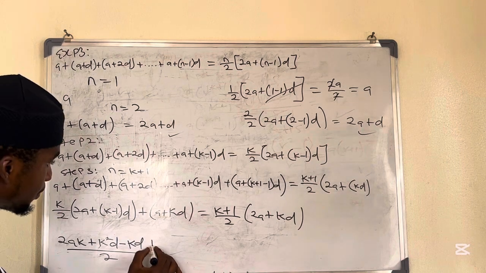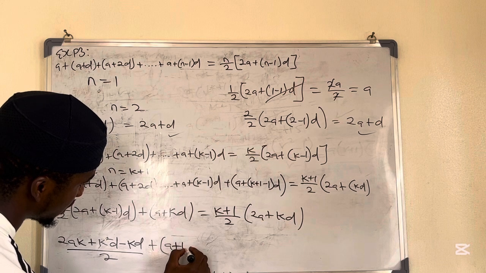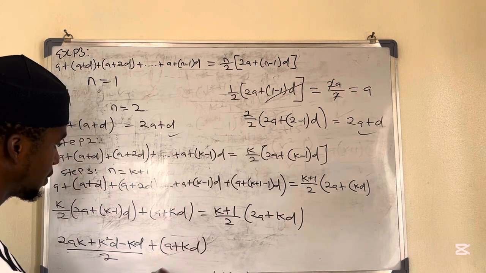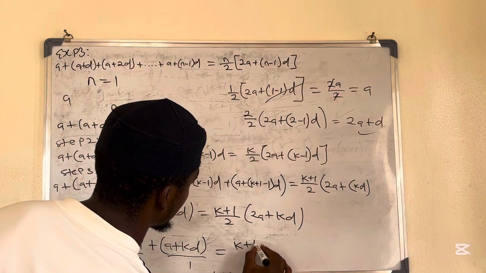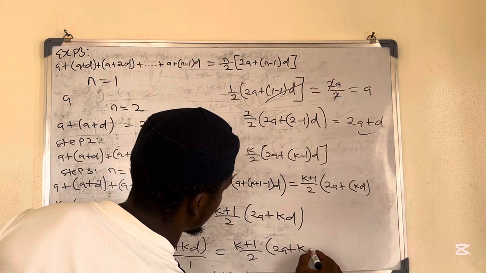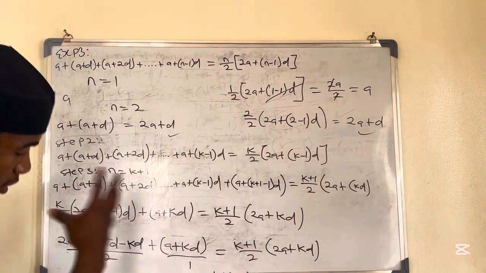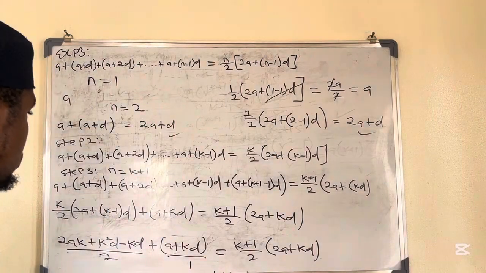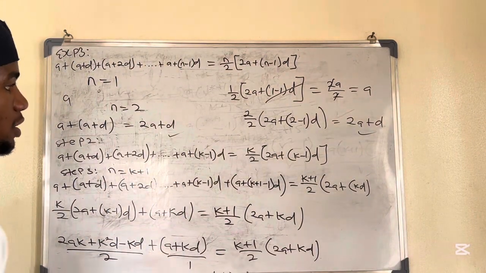So now we have plus this part here, a plus kd all over 1, is equal to k plus 1 over 2 into 2a plus kd. Let me quickly clean off some space so that we can prove that our left hand side is equal to our right hand side.